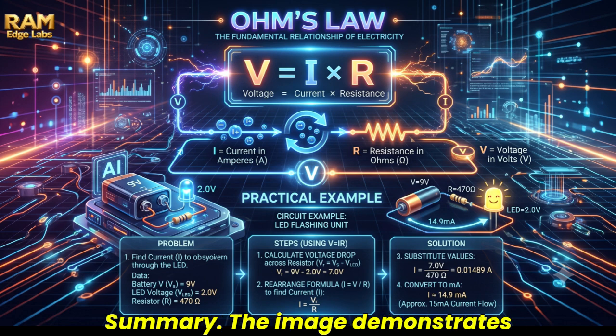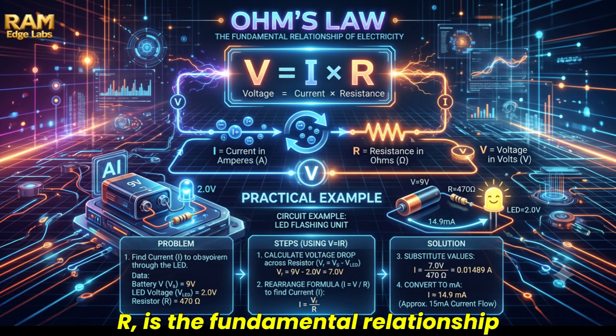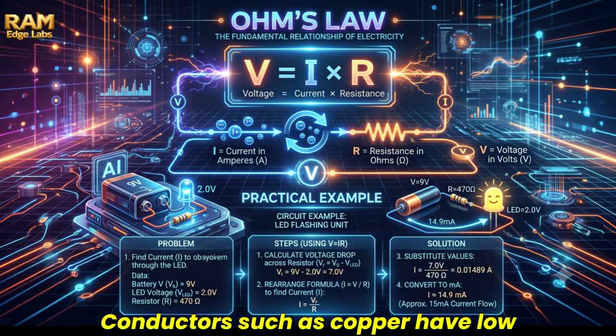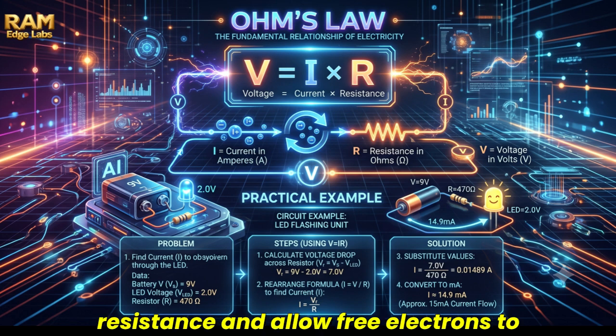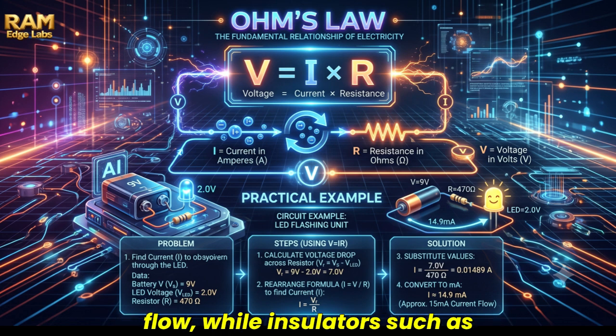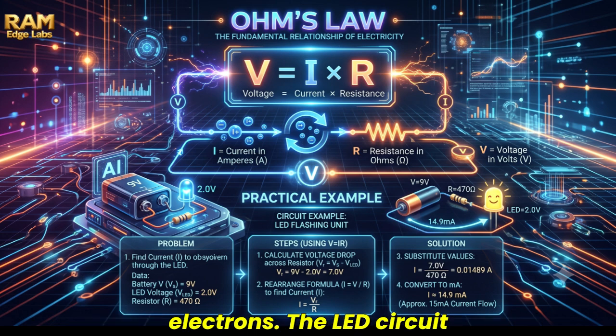In summary, the image demonstrates that Ohm's law, V = I × R, is the fundamental relationship between voltage, current, and resistance. Conductors such as copper have low resistance and allow free electrons to move easily, resulting in high current flow, while insulators such as plastic and rubber have very high resistance, preventing the movement of electrons.